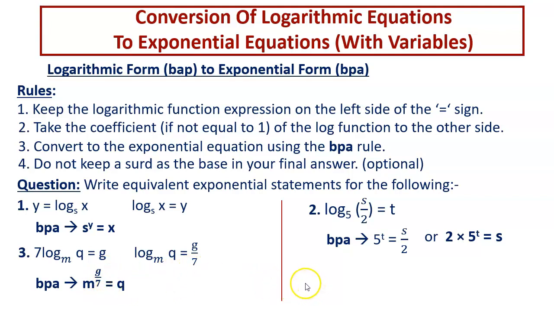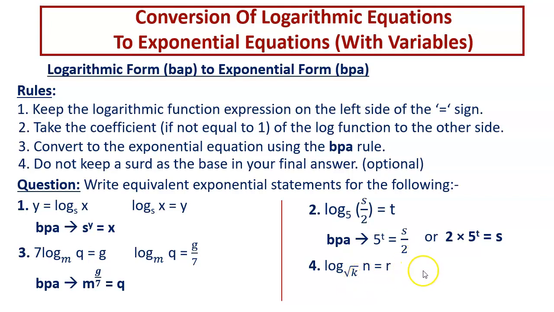Coming to question number 4. Log n to the base square root of k equal to r. And of course, k is definitely not equal to 0 or not equal to a negative number.